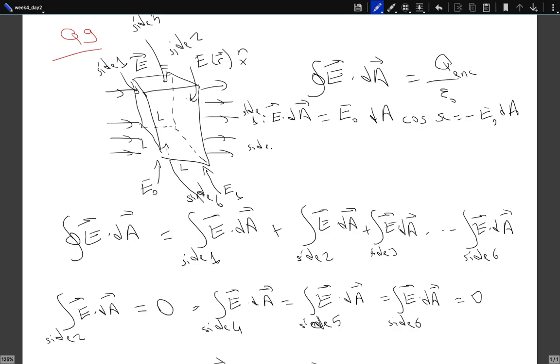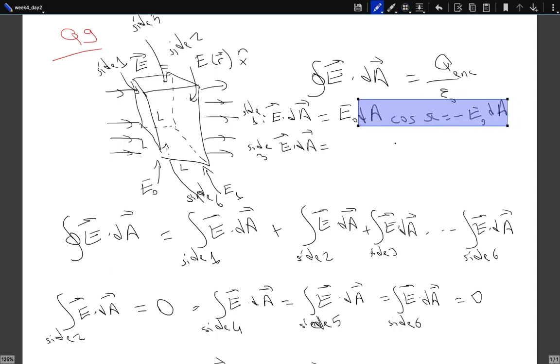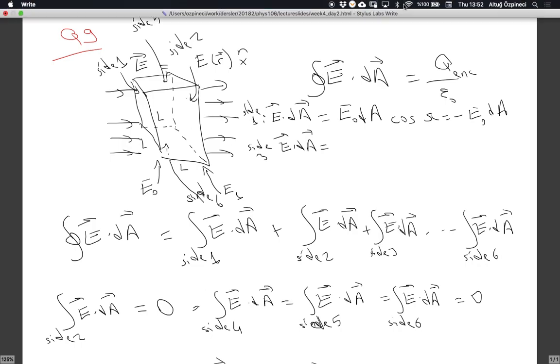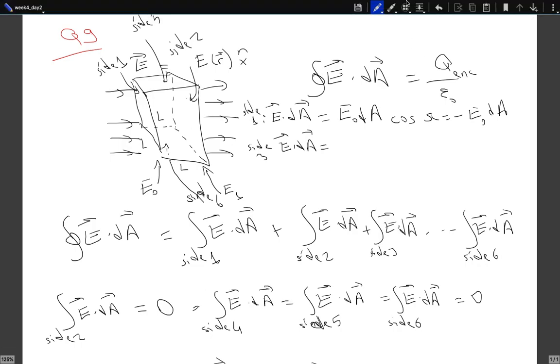On side 3, E dot dA, okay, on side 3, the area vector is in that direction.